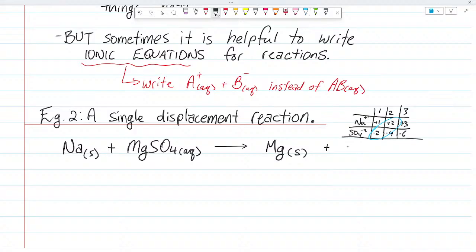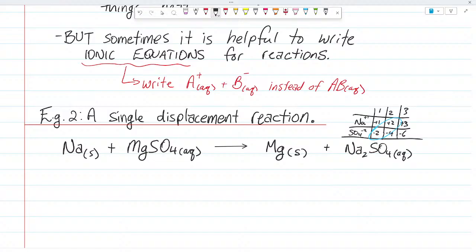Na2SO4. Good. Does that feel comfortable? And we could check our solubility table. And if we do check our solubility table, we're going to find that anything with sodium is soluble. So this should be aqueous, right?